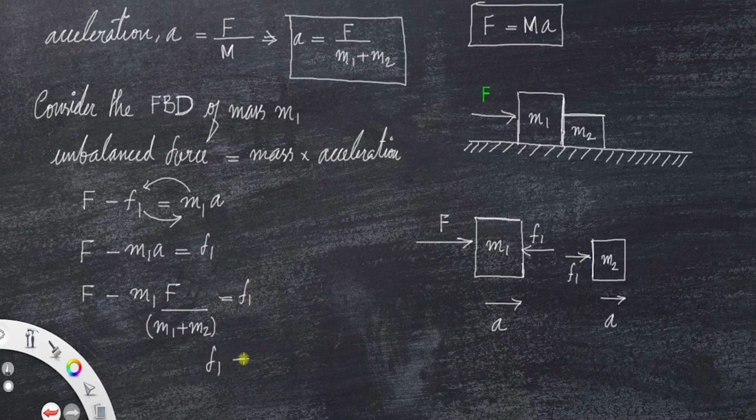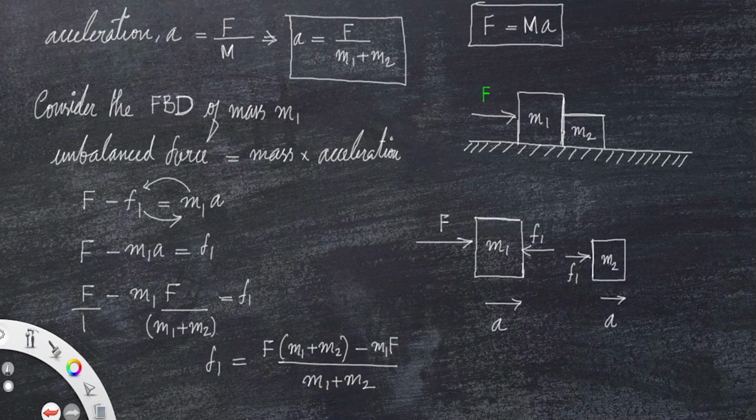Clear? So F1 is equal to, you can multiply this F with m1 plus m2. I'm just putting a 1 in here so that you can cross multiply. So this is equal to F into m1 plus m2 minus m1F, whole divided by m1 plus m2.